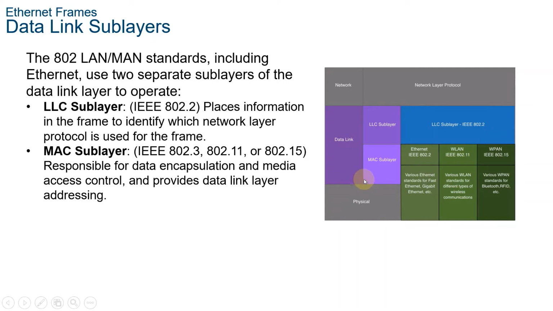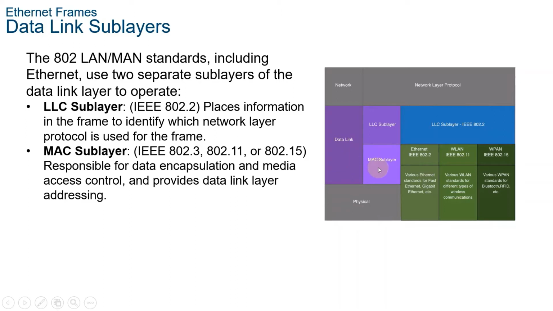The LLC sublayer, or Logical Link Control, is the IEEE 802.2 sublayer that communicates between the networking software at the upper layer and the device hardware at the lower layers. It places information in the frame that identifies which network layer protocol is being used for that frame. This allows multiple layer 3 protocols, such as IPv4 and IPv6, to use the same network interface and media.